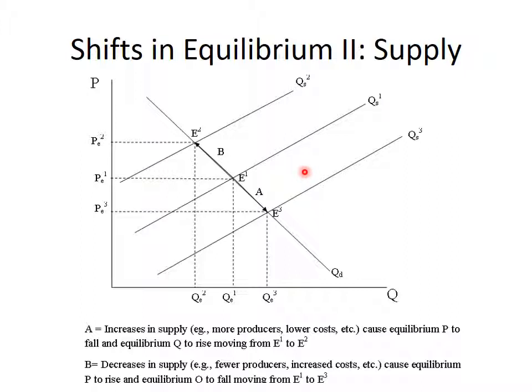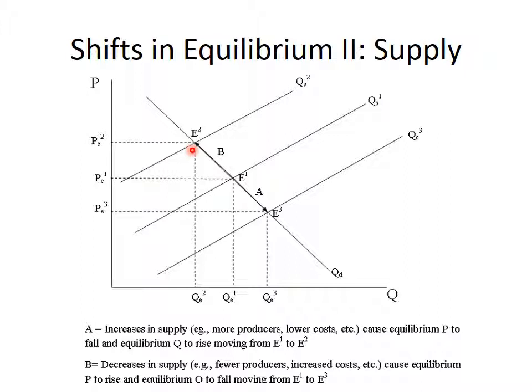And again, I stress, when we're dealing with shifts in the supply curve, the price and quantity are the result of the shift, not the cause of the shift. The cause of the shift will be any of those factors we discussed in Lecture 4 regarding supply shifts.